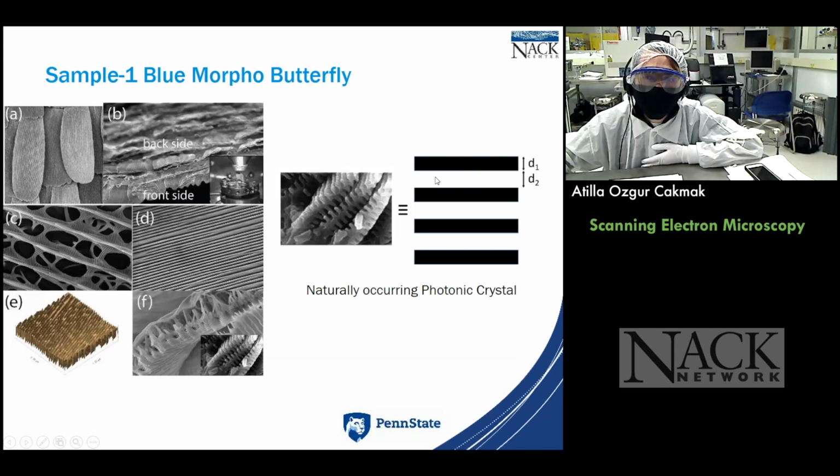What is that? This is like, say, air. We have this chitin layer of the wing, organic material, air, organic material, air, nicely situated. This is what we call a nice periodic configuration that is happening in nature.